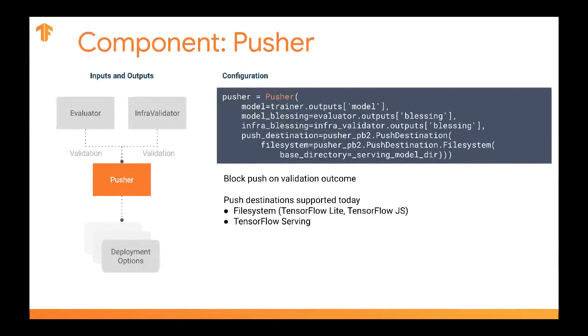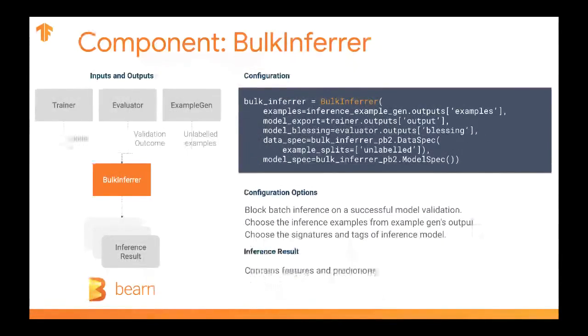If both Evaluator and InfraValidator agree that your model is good, and one of the things that Evaluator does is compare it with the model that you already have in production, then Pusher will push the model to production. You also have the option of using BulkInferrer, which, if you're going to just do a batch of predictions against your model, is a good option for doing that.